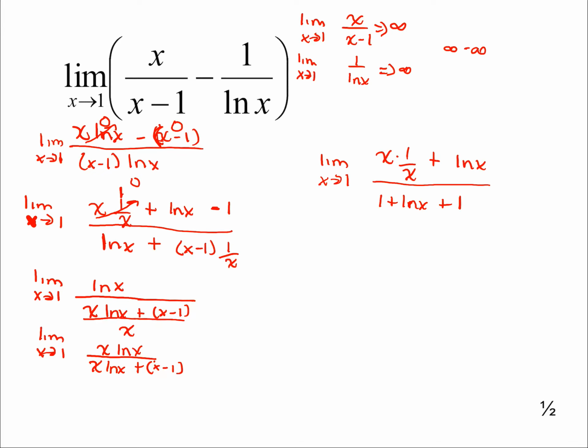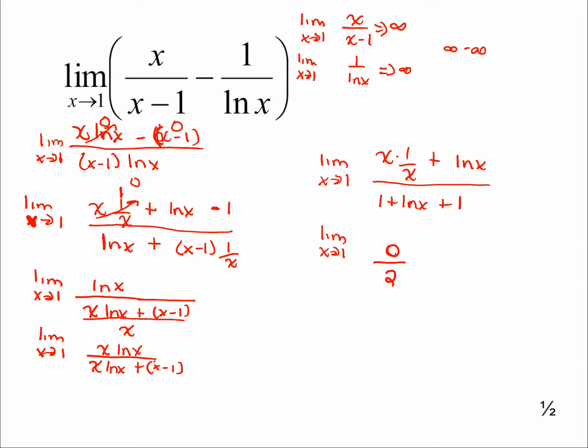Now, doing a direct substitution, I get 0 on the top again over 2. And I've done something wrong.